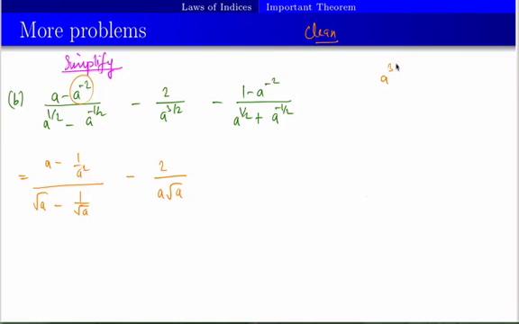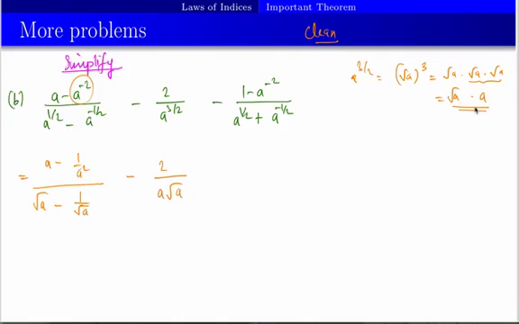Now just observe here, a raised to 3 by 2 is a cube the whole square root, that is nothing but square root of a into a, correct? Or you can see this as a raised to 3 by 2 is nothing but square root of a the whole cube, that is square root of a into square root of a into square root of a. I can combine these two to form a, and this will be square root of a.